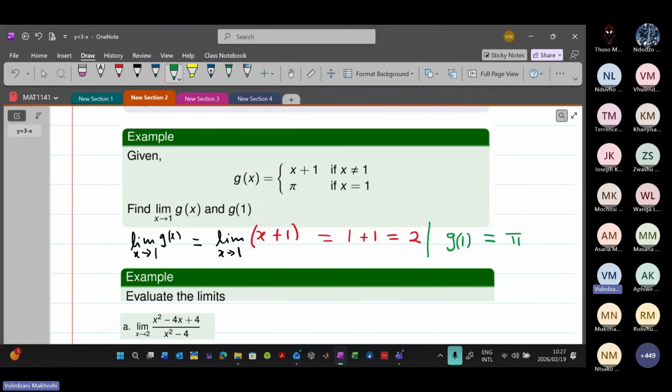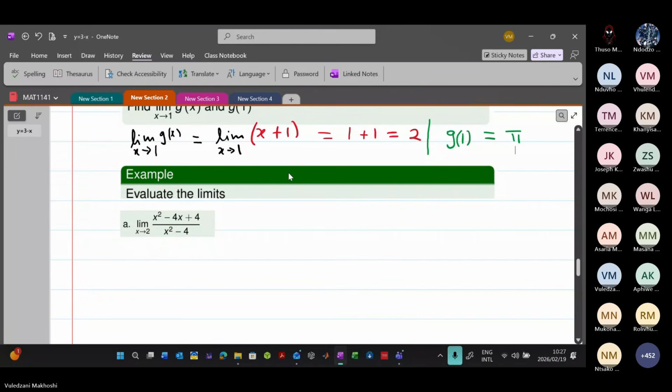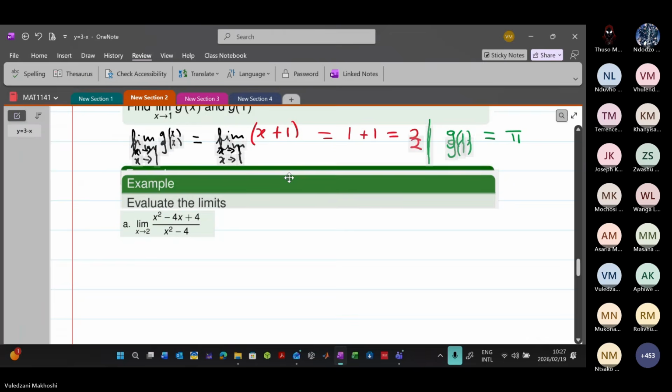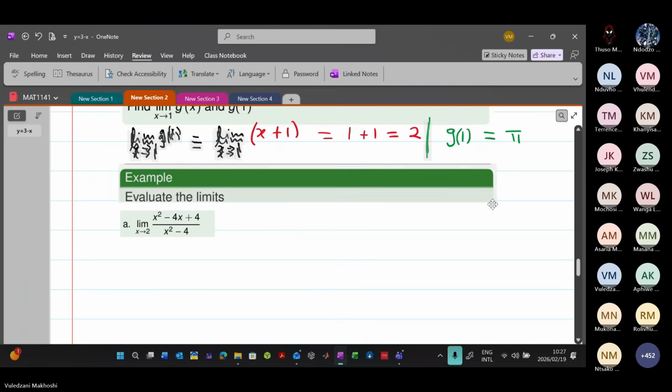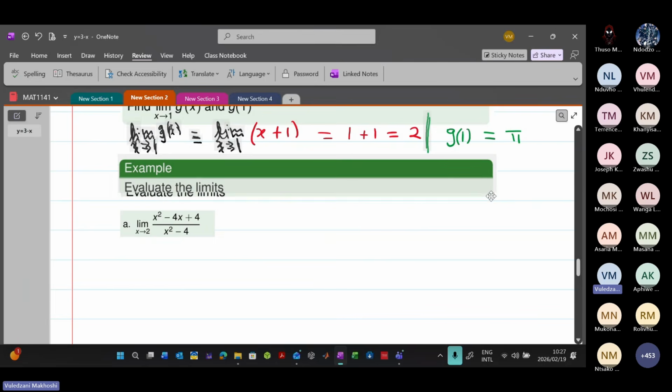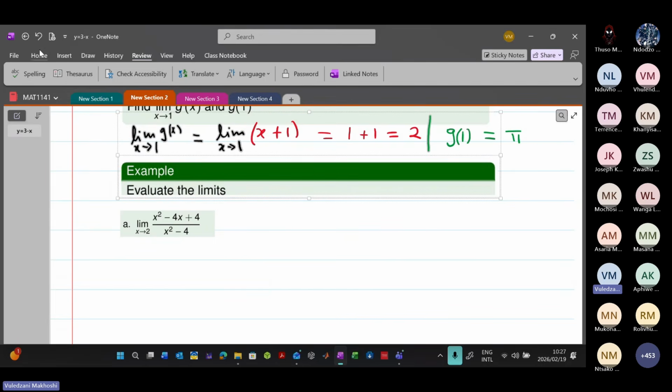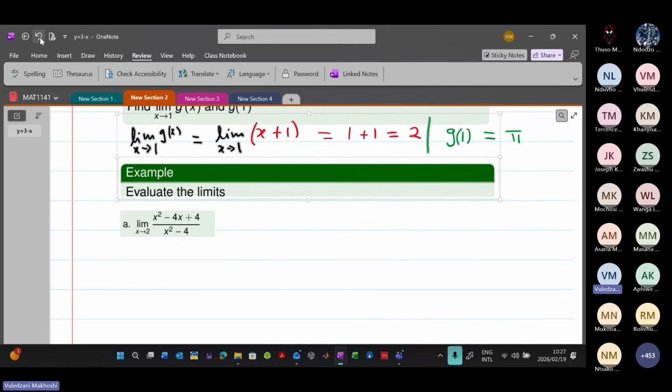And we note that the limit of g of x does not want to move, but nevertheless, it's fine.